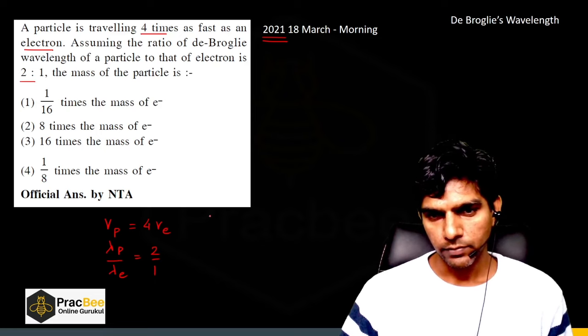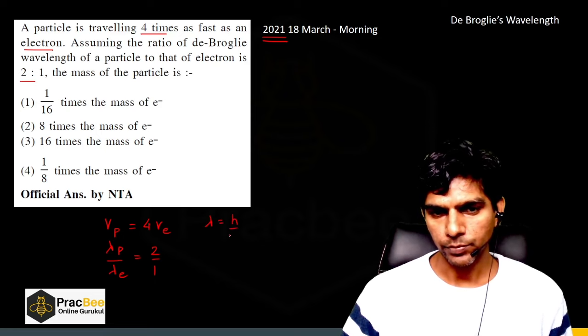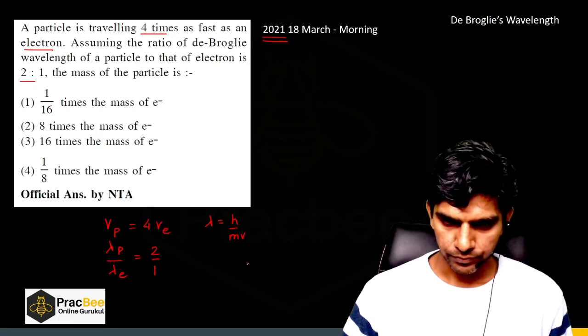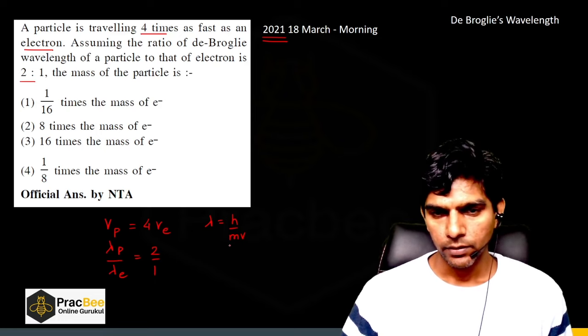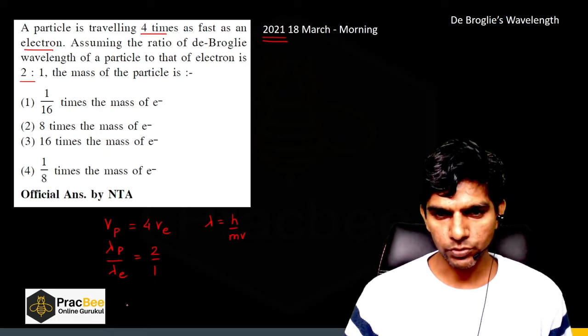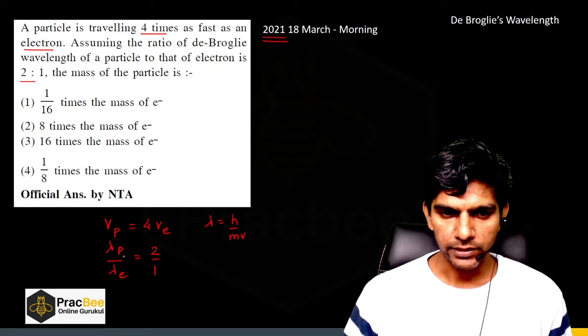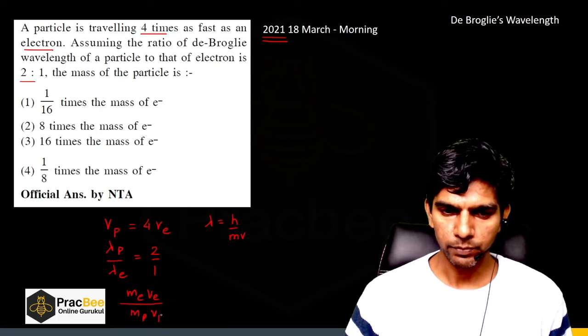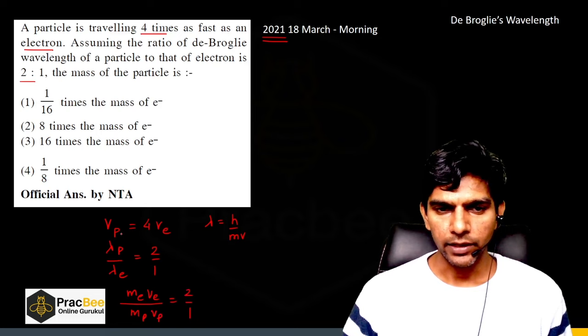And we know that lambda is h upon mv. So the masses will be different, speeds are different. So we can just put the values. So we can write lambda p as h upon mv. So we can write this as me ve divided by mp vp equals 2/1. And we know that ve by vp is nothing but 1/4.